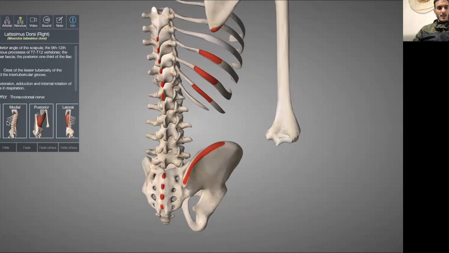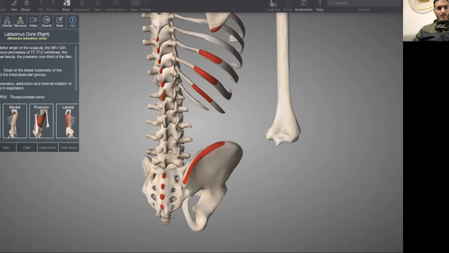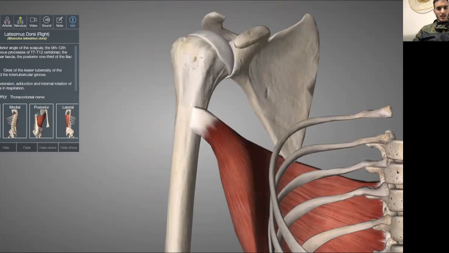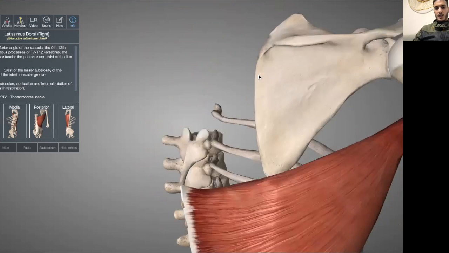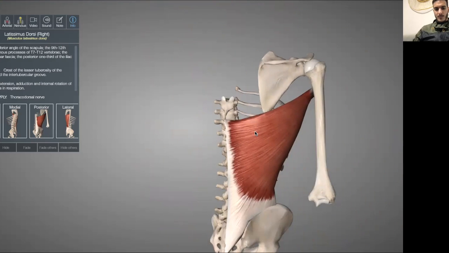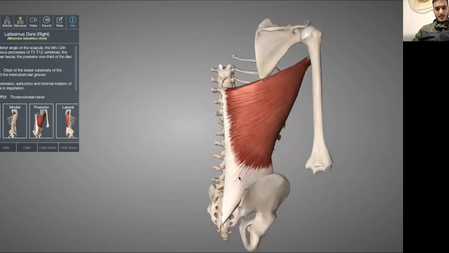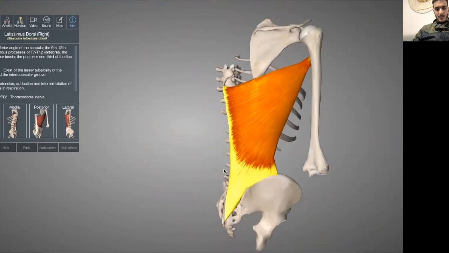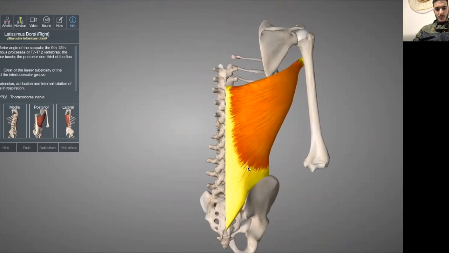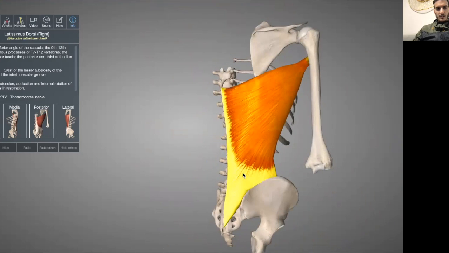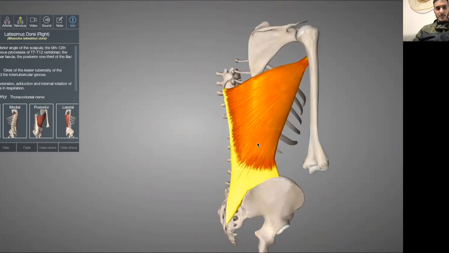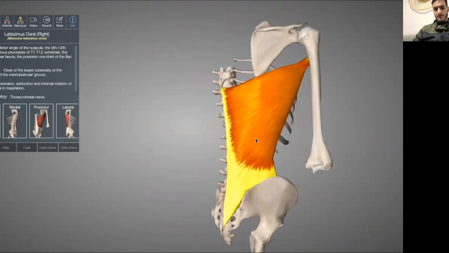That's the insertion of it into the humerus, but I want to show you the fascia that we're talking about, called the thoracolumbar fascia. It is innervated by the thoracodorsal nerve.